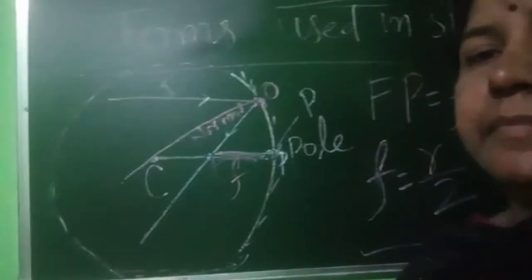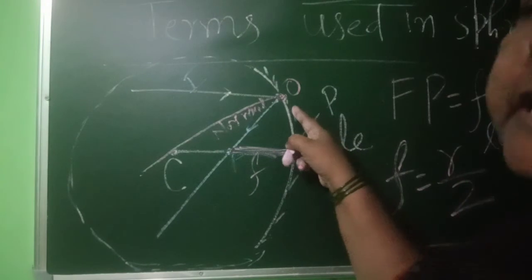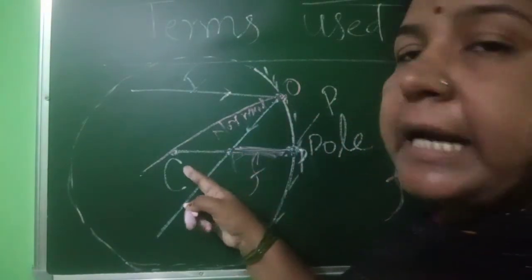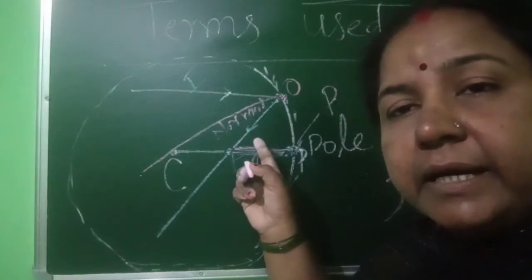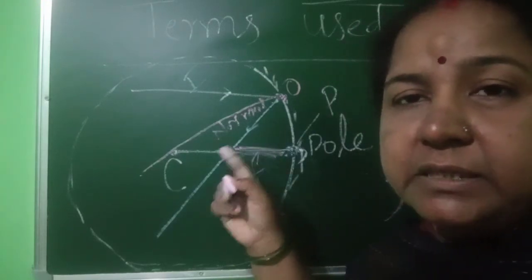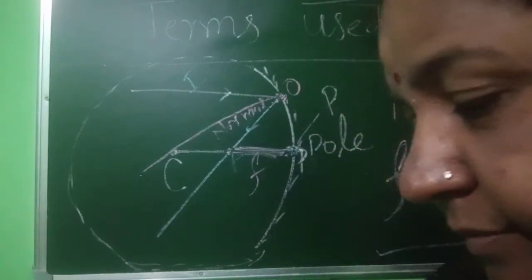Understand? That is, each normal is a radius of the spherical mirror.